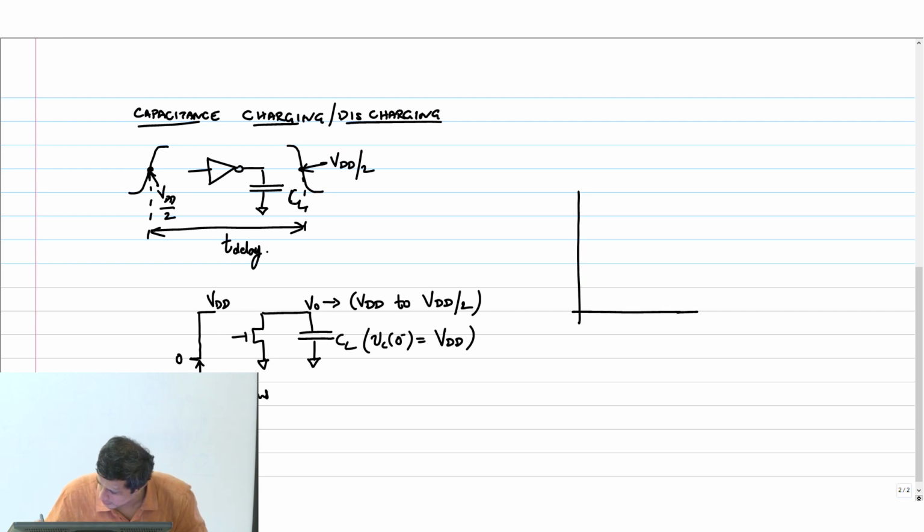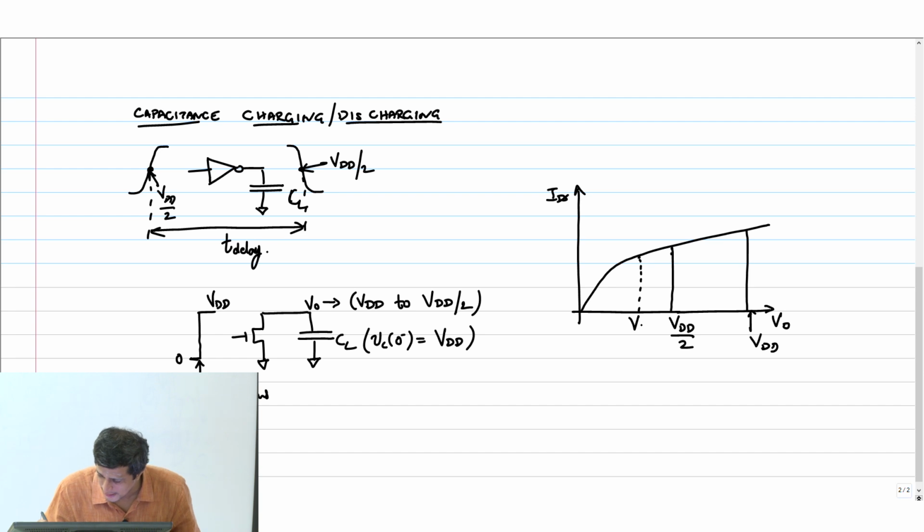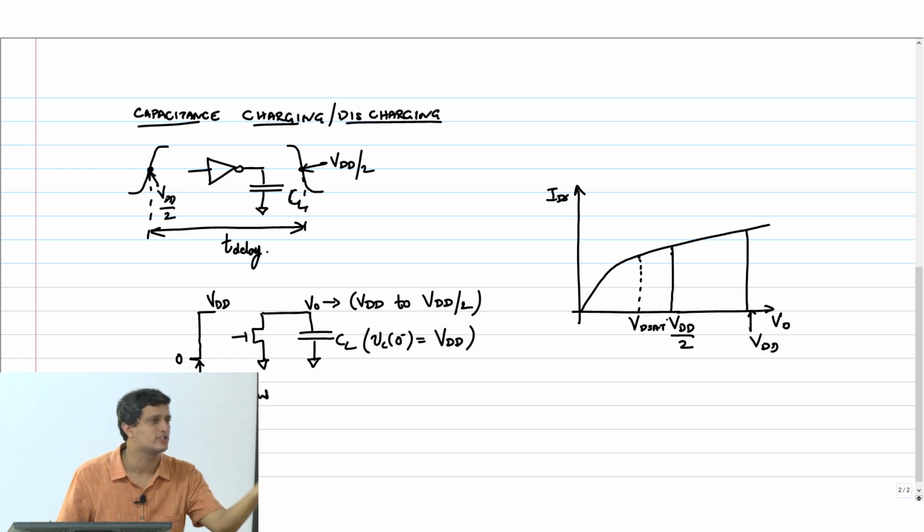So the currents look like this, ID, and this is V0. This is my point where it is VDD, and somewhere here is VDD by 2. I am assuming VDD is large enough such that VDD by 2 is to the right of VD sat, so that I don't have to deal with a change in region of operation. Okay, so this is an assumption.